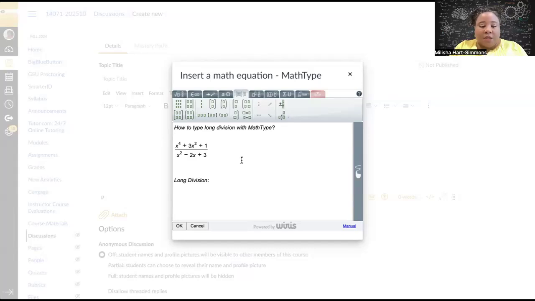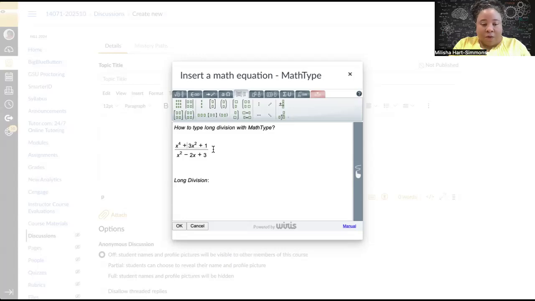Notice that in the numerator, you have degree 3 and degree 1 missing. So when you're doing long division, you want to make sure that you insert 0 for their coefficient.